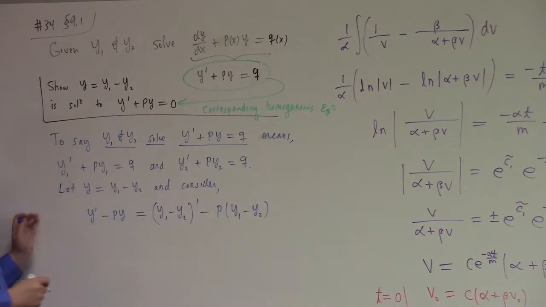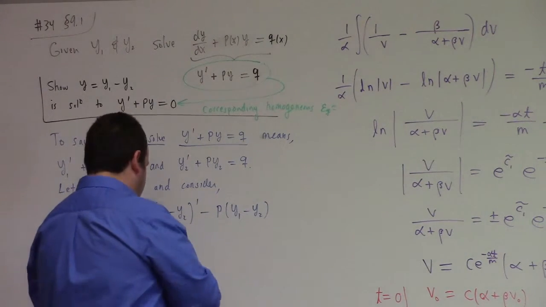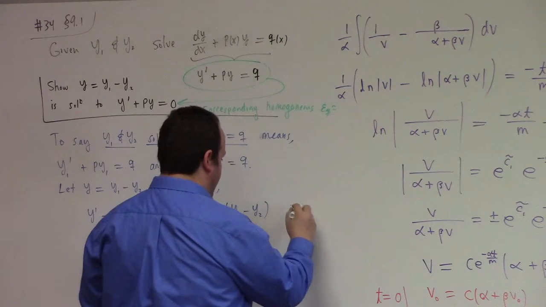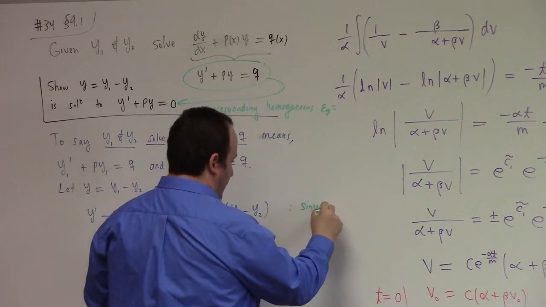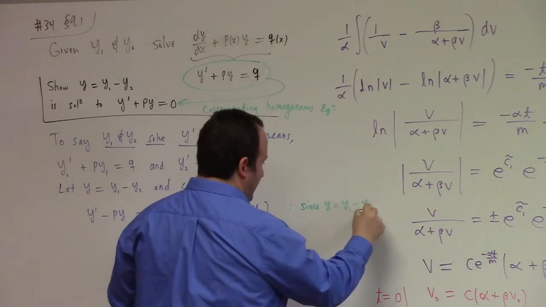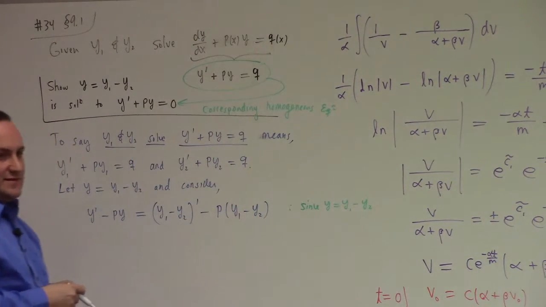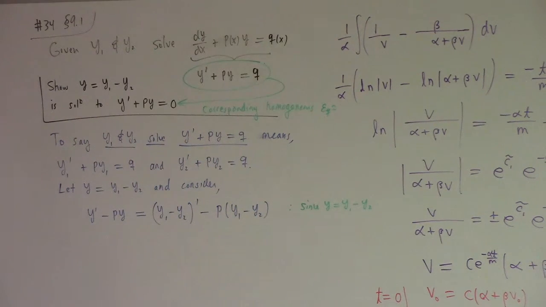Then you use properties of calculus to go from step to step to step. So this is what? And in this step over here, I would say, since we set y equal to y1 minus y2, all right? So that's not a very exciting reason. If you didn't write what's in green, I wouldn't really take off points usually.